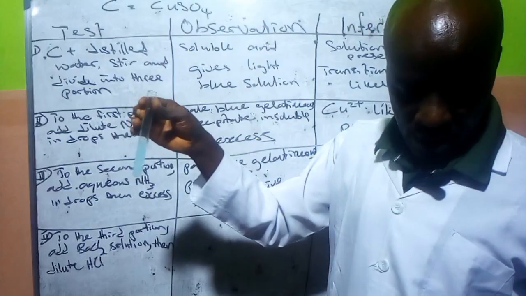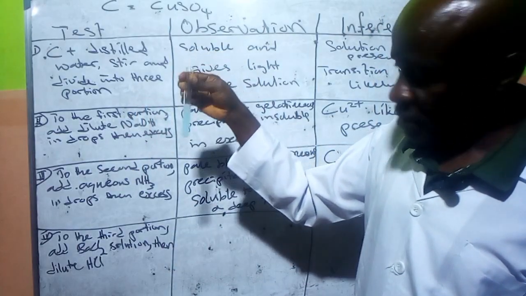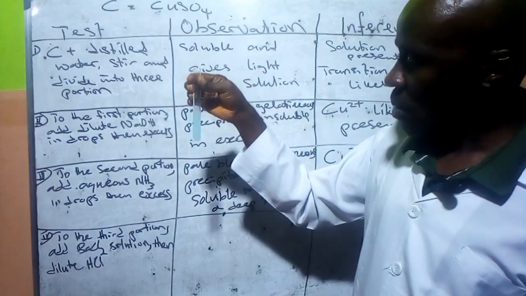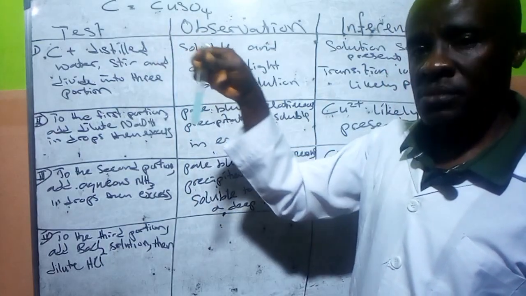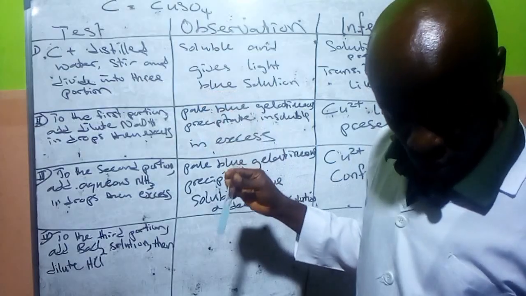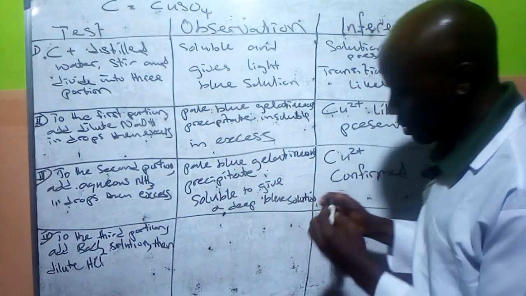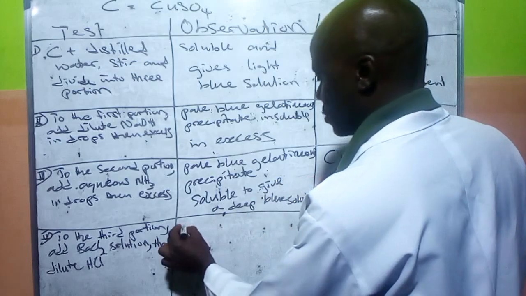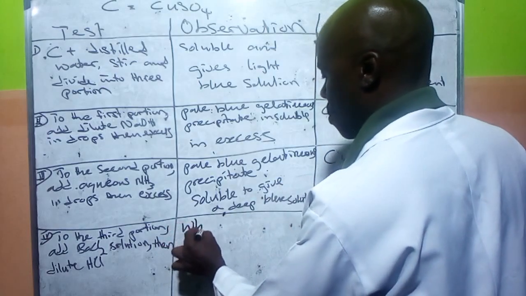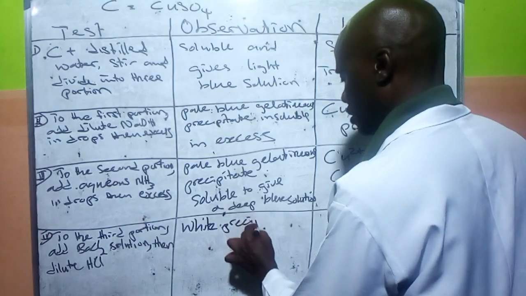Now you see we have a white precipitate. As you can see, we have white precipitate now inside here. Let's write something. White precipitate.